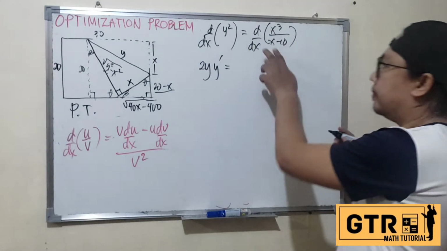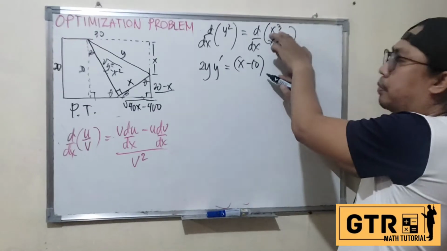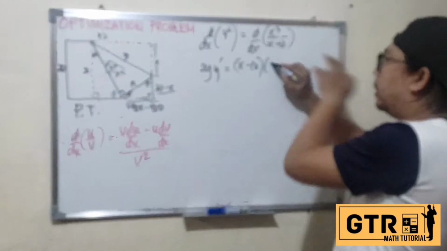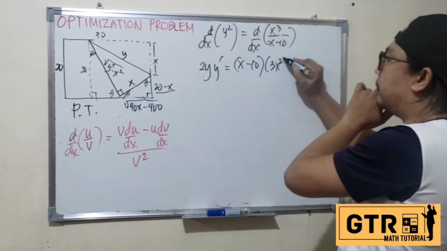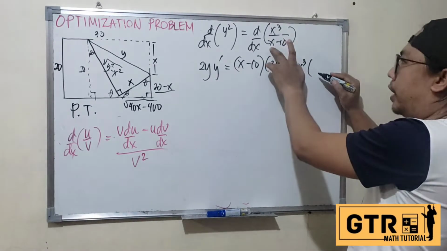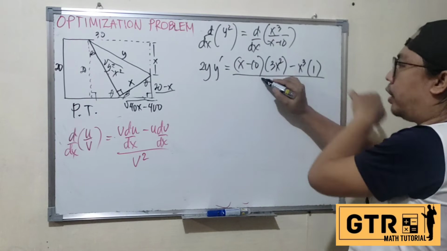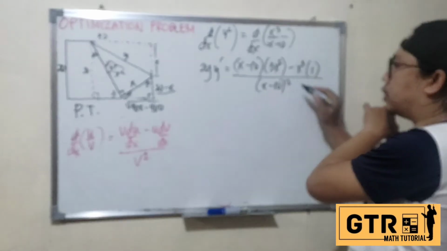Let's apply that. We have x minus 10 times the derivative of the numerator, the derivative of x cubed, 3x squared, minus the numerator x cubed times the derivative of the denominator x minus 10, that is simply 1, all over the square of the denominator, x minus 10 squared.